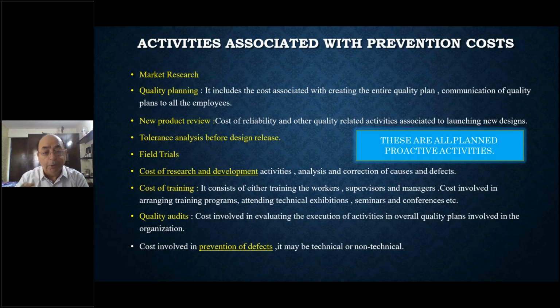But the most interesting thing now, which people are beginning to work upon, is that the context of the organization has to be seen before deciding whether this is a cost of conformance or cost of non-conformance. That's very interesting. Suppose you are manufacturing a product, and the product or service manufactured at that stage is defective.